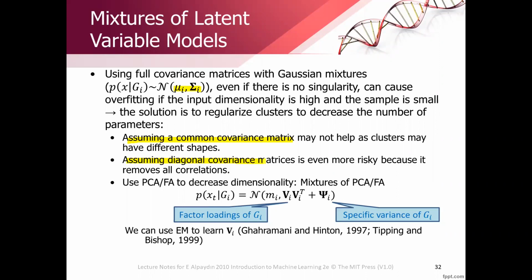If this is not the correct model for the cluster, for example, the observations are actually spread in such a way, then we obtain something like this, because we assume that the covariance matrix is simple, only diagonal, but this is not the correct model for the cluster.